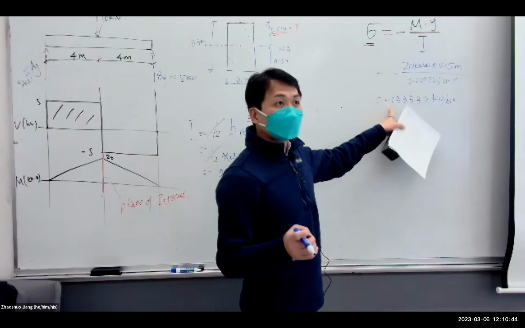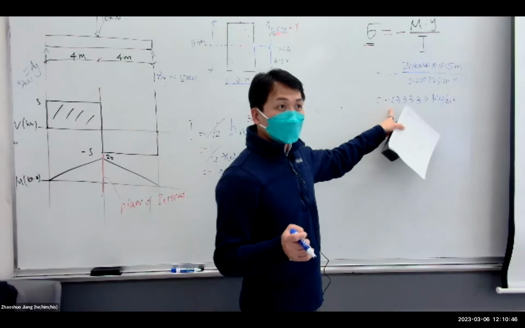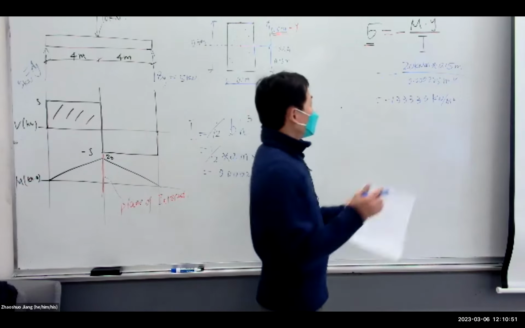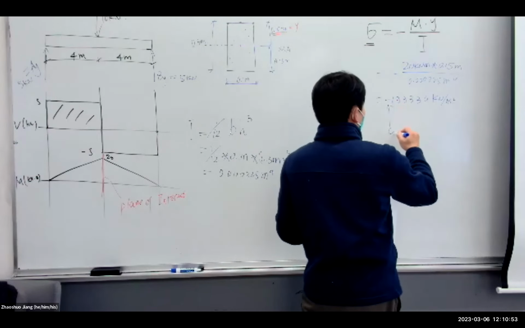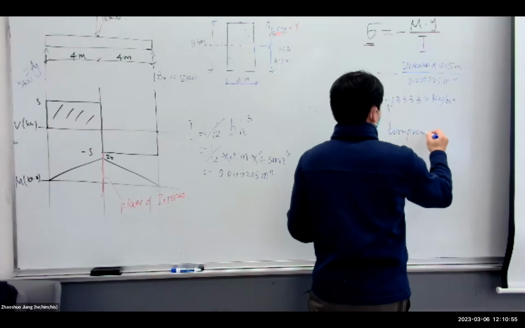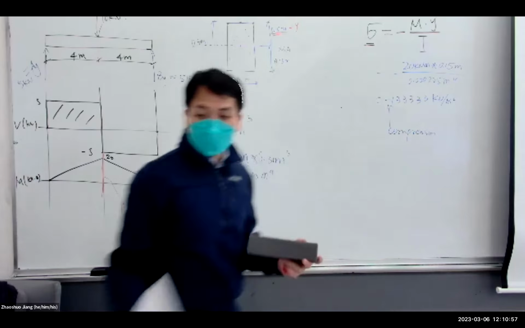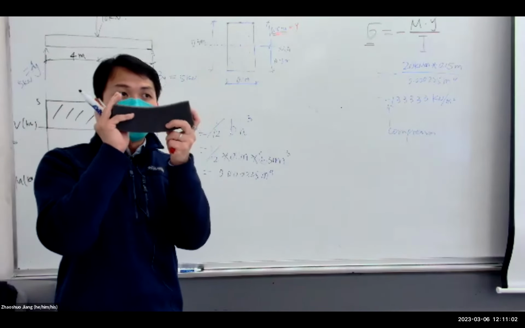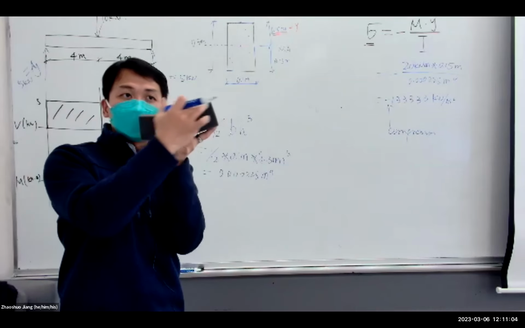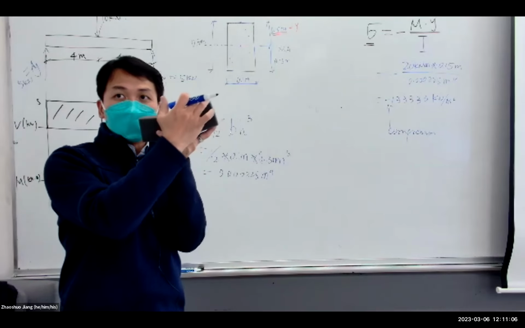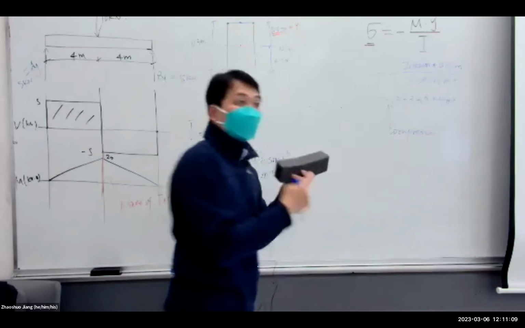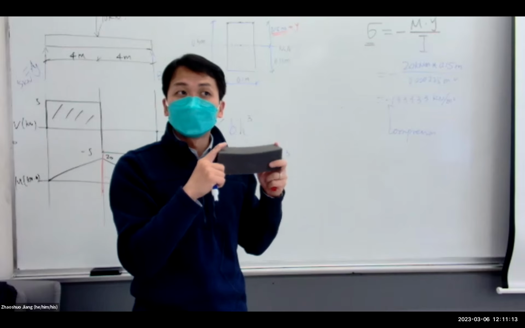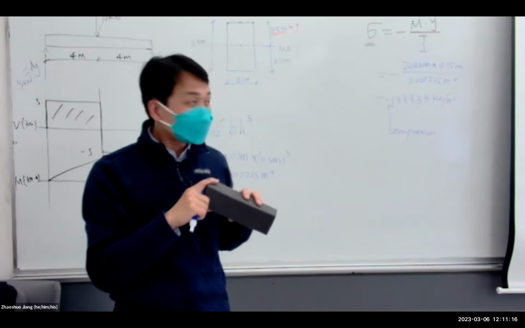We said if that's positive, that's in tension, right? Negative, that is in compression. So this negative means compression. If you think about a beam with a point load, you have a positive moment, the top fiber is in compression, right? The answer is in compression. That gives you some confidence that the sign of the answer is right. That is one way to check it.